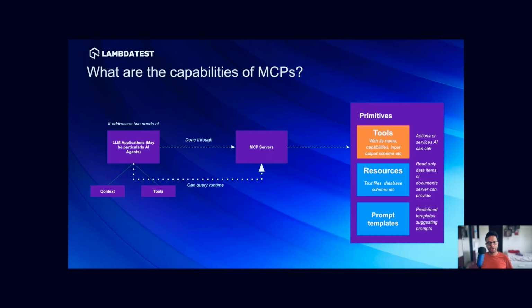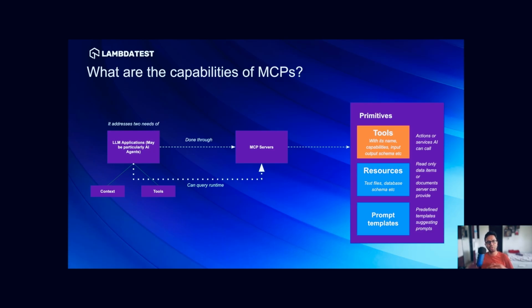One more thing to keep in mind is, what are the capabilities of this MCP server? So let's go a little bit deeper into this concept. The capabilities basically provide two things to an LLM, or maybe, because we are all talking about agents and I just showed you an agentic example, let's say agents.